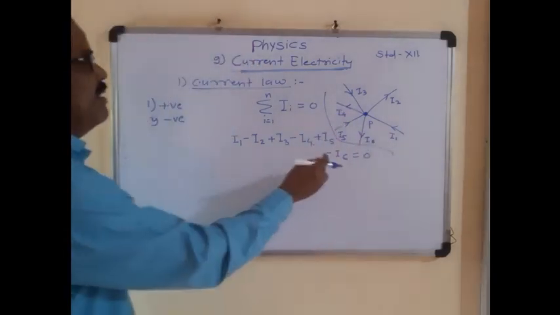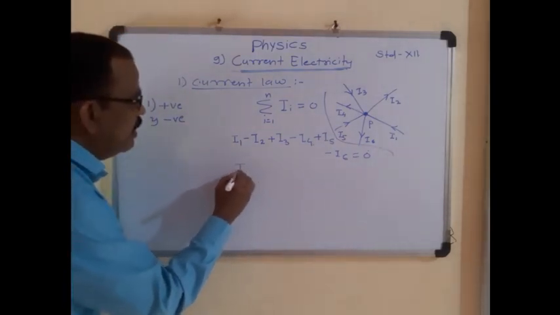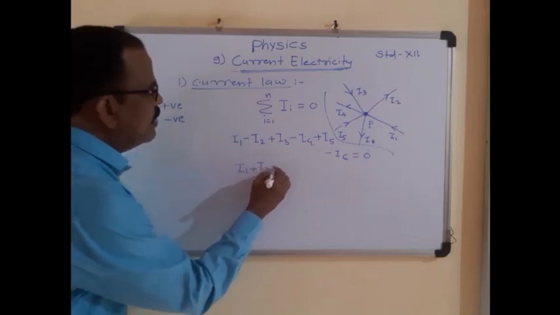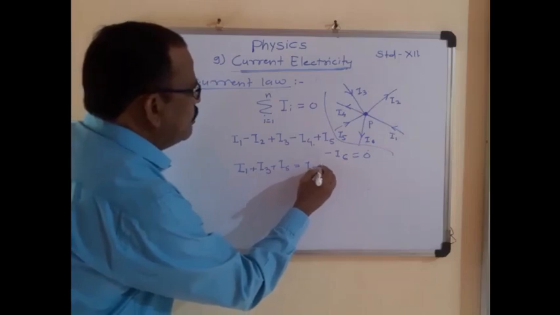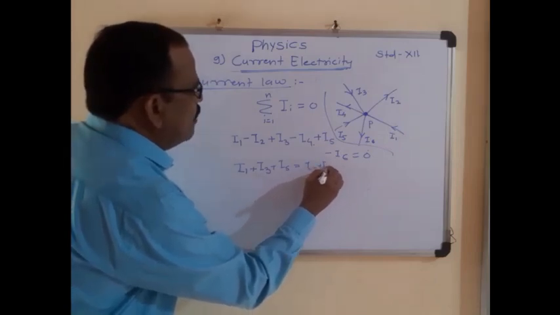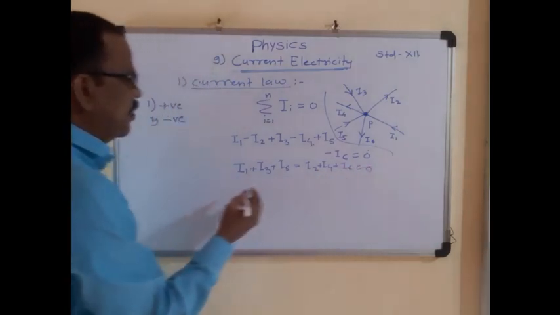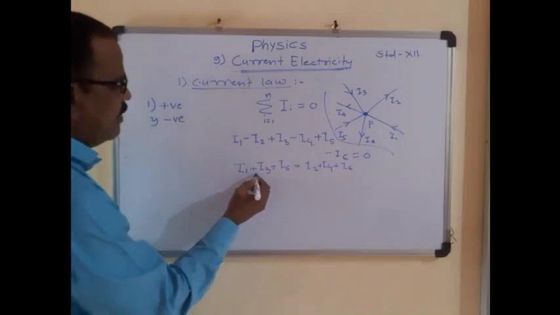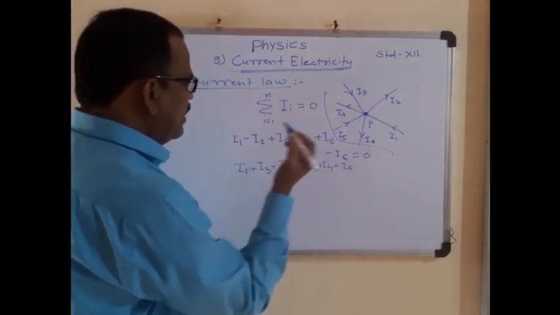Therefore, we can write I1 plus I3 plus I5 is equal to I2 plus I4 plus I6.